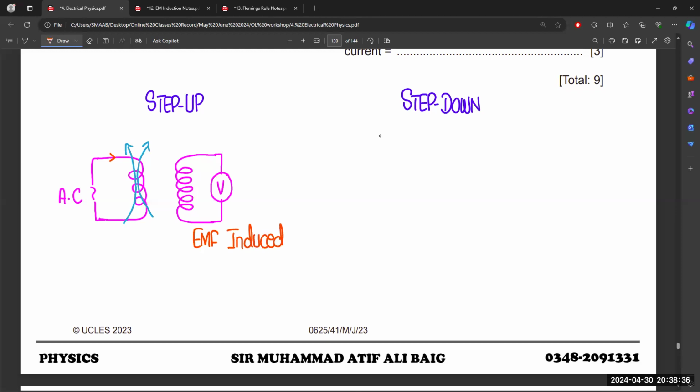But there is one difference. You can see this coil is called the primary, and the second coil is called the secondary.